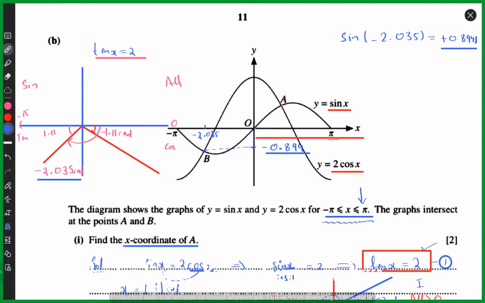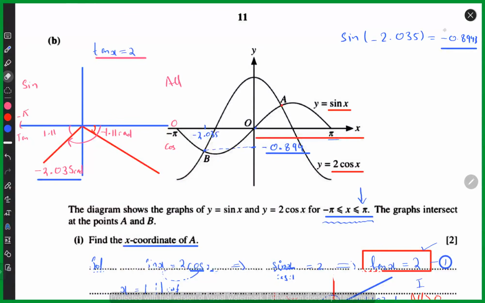Yes, any confusions with this? Miss, like we found the coordinate of A, that is 1.017. And the coordinate of B will be, just wait a second. Yeah, this is negative.